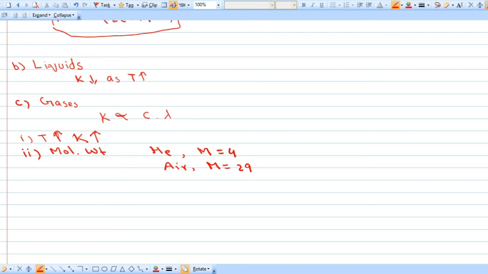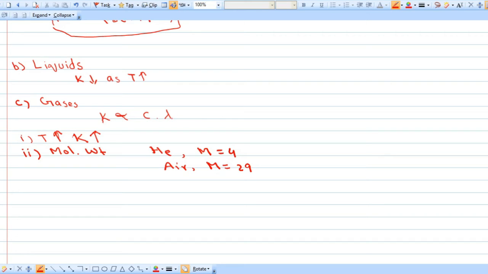That's why the space between the molecules of helium is very large compared to the space between the molecules of air. Because of the higher intermolecular distances in helium gas as compared to air, the thermal conductivity of helium is high as compared to air.